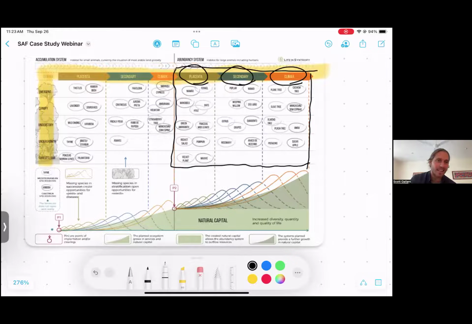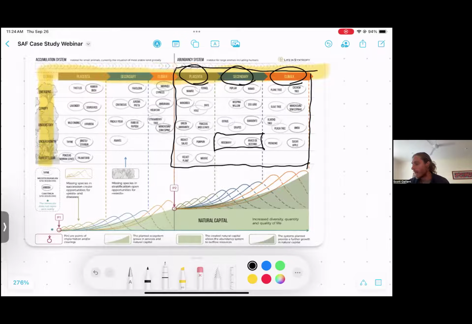Each individual box in this grid is basically an ecological niche. What we're trying to do is fill every one of those ecological niches with individual plants.